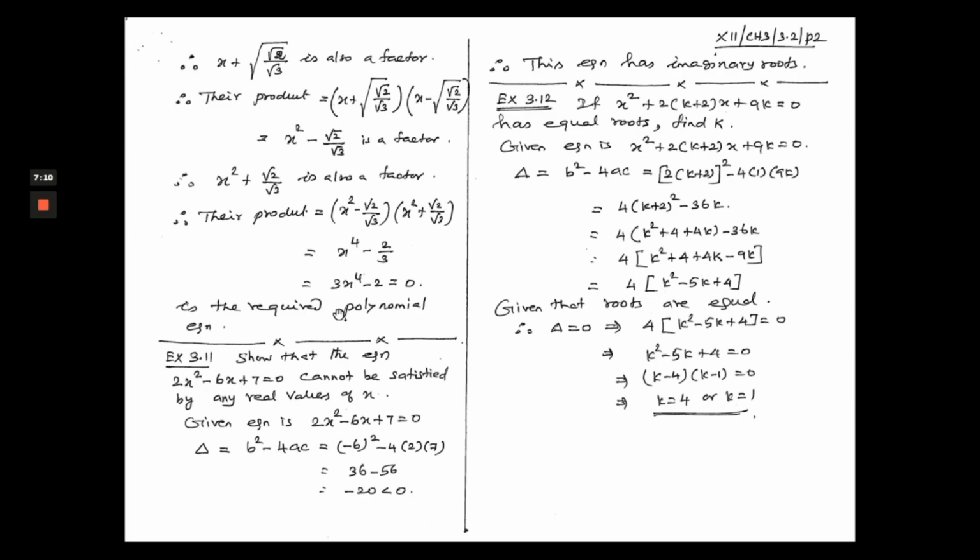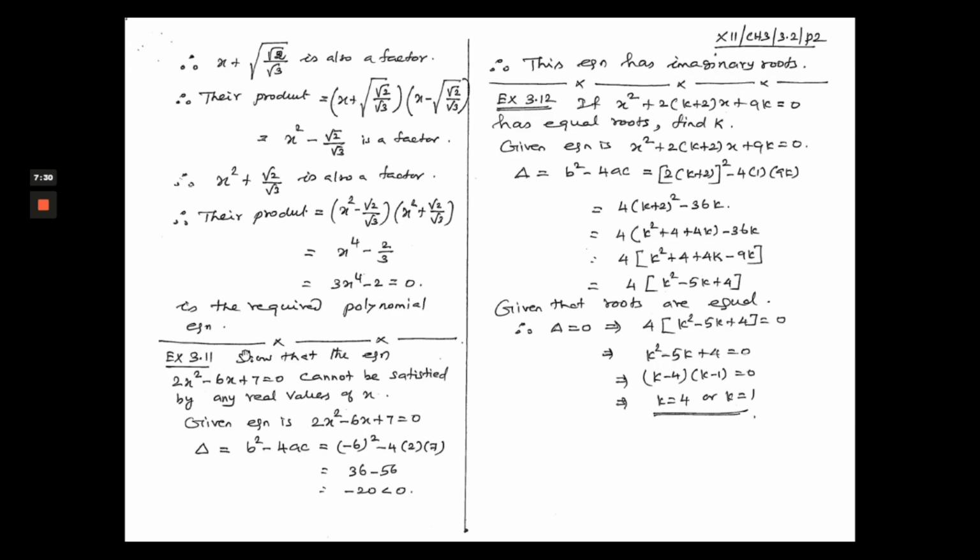So the required equation is 3x power 4 minus 2 by 3 is equal to 0. And when the 3 in the term goes, 3 into 0 is 0. So 3x power 4 minus 2 is equal to 0 is the required polynomial equation.